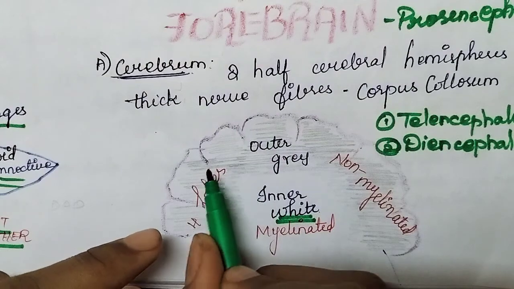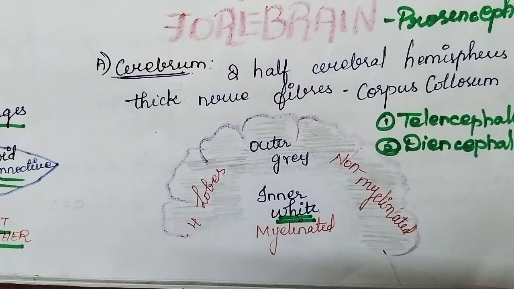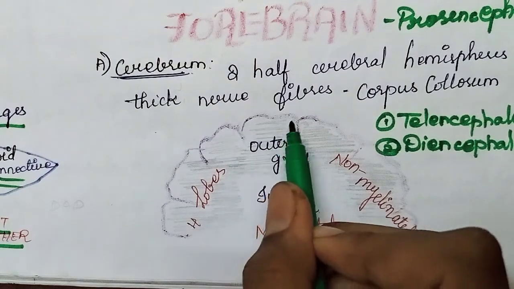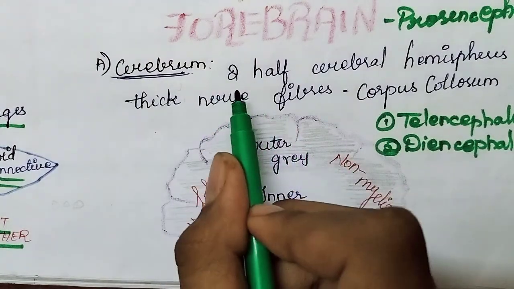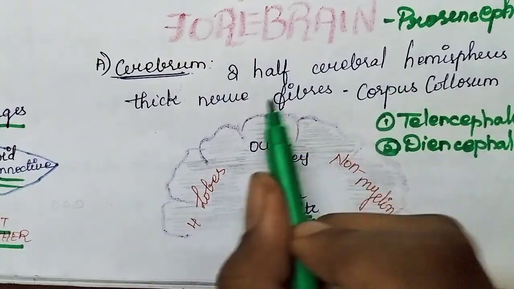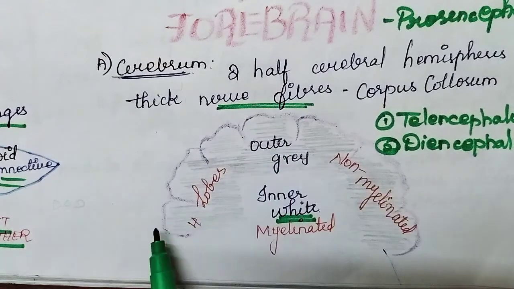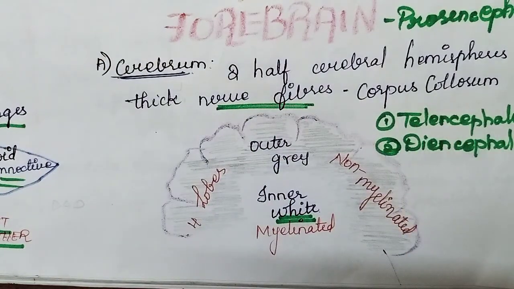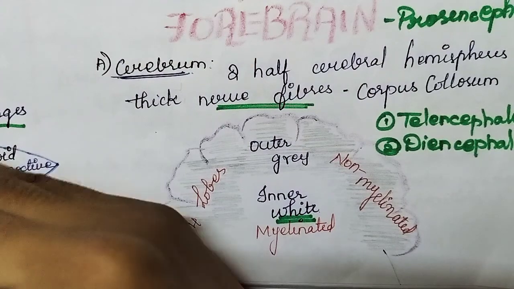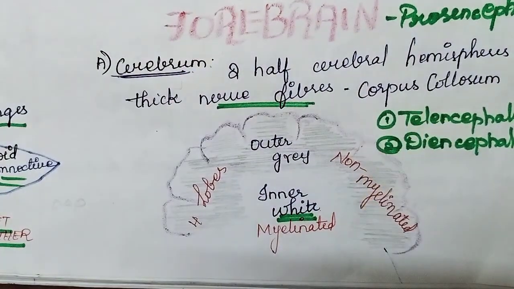The outer part of the cerebrum has gyri and sulci, which I have drawn like this. The two cerebral hemispheres are connected by thick nerve fibers. What is that? Corpus callosum. The corpus callosum connects the left hemisphere to the right hemisphere.